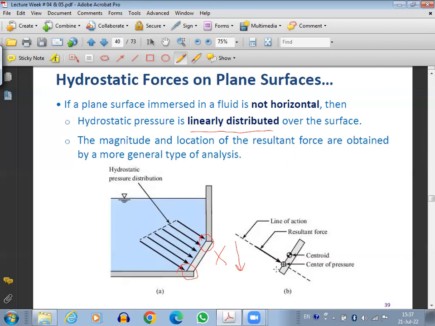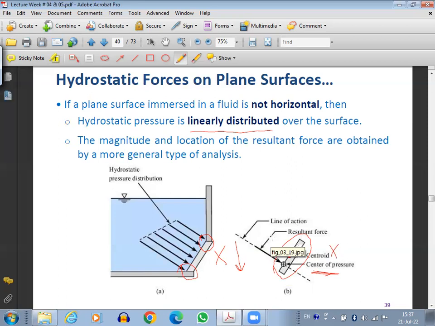So if you look here, let's say this is the surface. Then the centroid of the surface would be the center. Centroid of the surface is the geometric center. But the center of pressure, where the force of pressure will be acting, will not be the centroid. It will be at a point below the centroid.